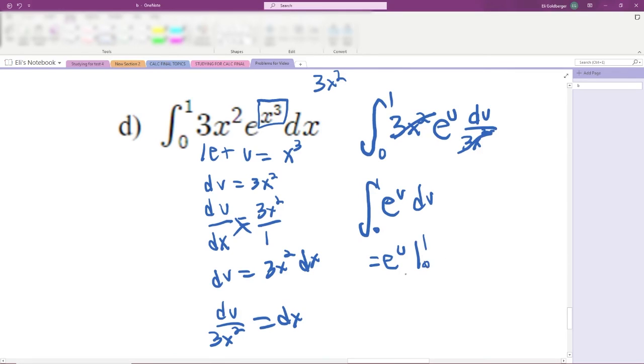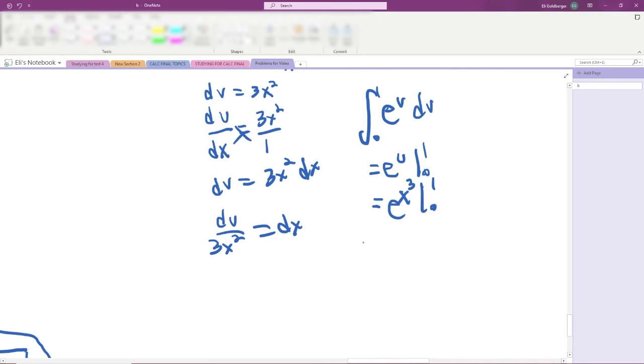And then we actually have to unsubstitute that u. So e to the x cubed, from 0 to 1. Then when we plug in 1, f of 1 is going to equal e to the 1 to the 3. When you're doing these, 1 to the power of 3 equals just 1, and then e to the power of 1 is just e.